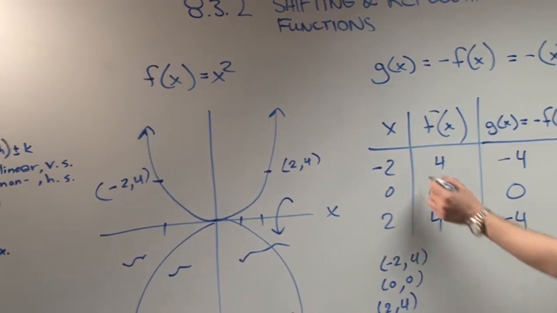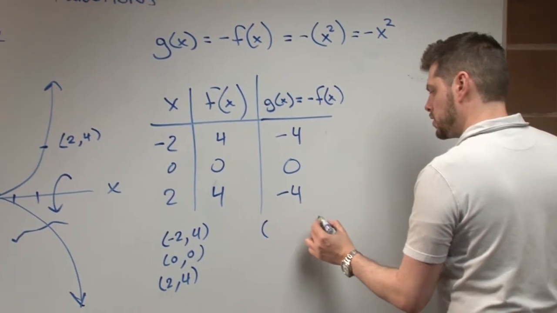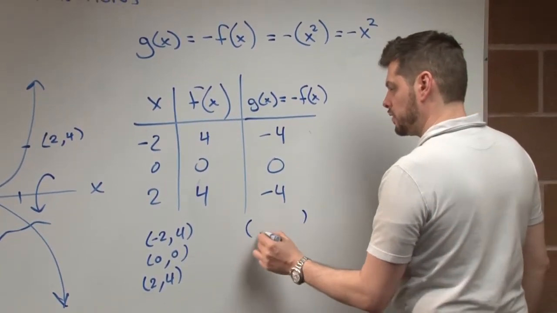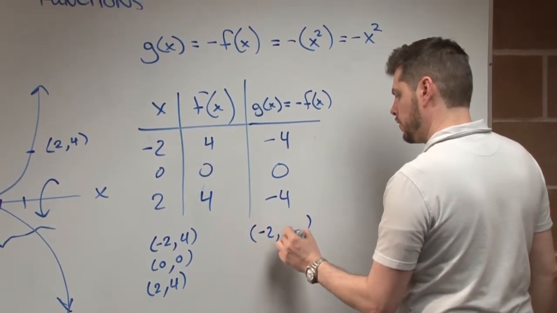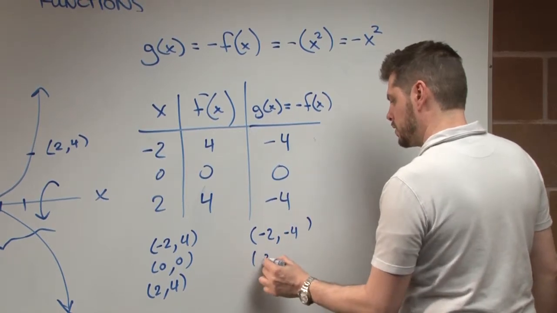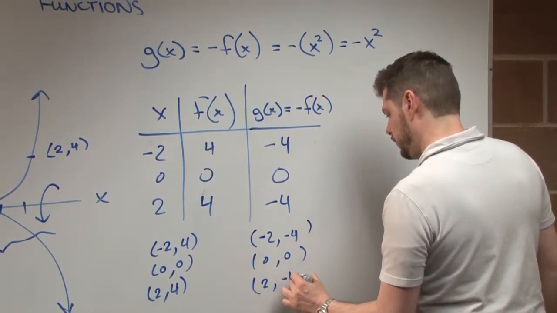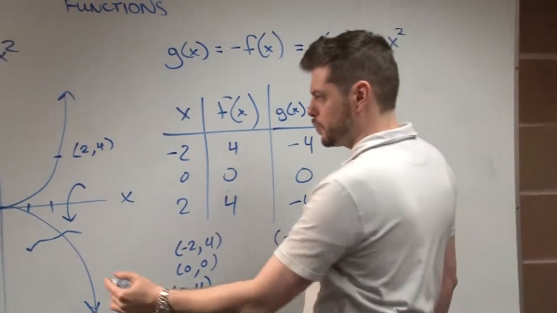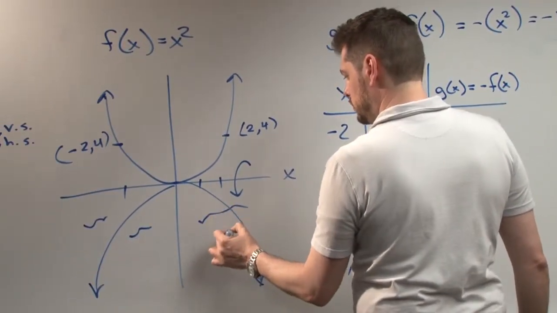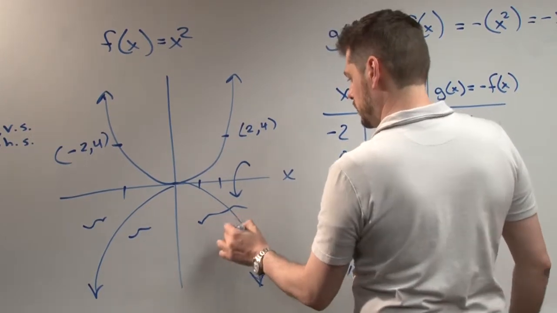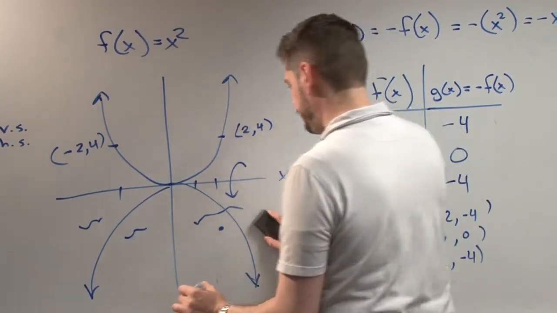And when I build my ordered pairs for my reflected function, I get the point -2, -4. I get the point 0, 0 again. And I get the point +2, -4. When I plot those points they go down here, right? 2 and -4. So my shape isn't really right, but you get the idea.